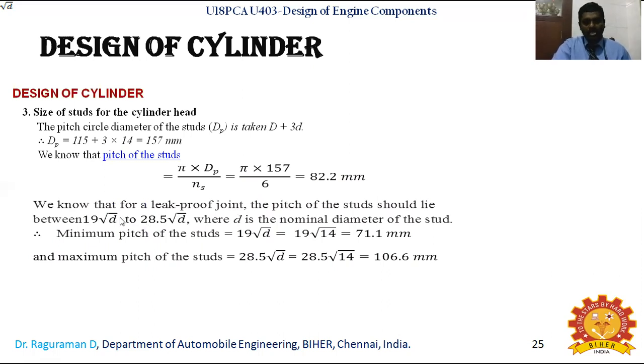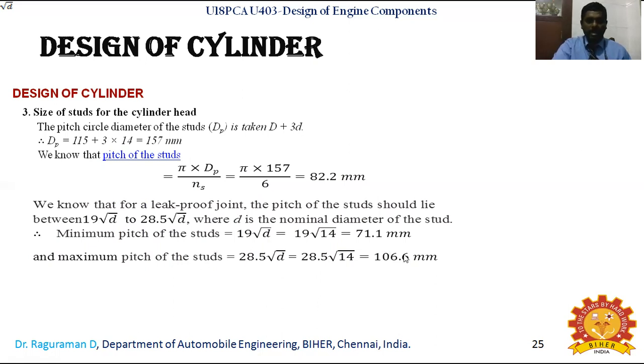And finally, you can see this correlation. For a leak-proof joint, the pitch of the stud should be between 19 square root of d to 28.5 square root of d, where d is the nominal diameter of the stud. So by substituting the nominal diameter of 14 mm, you can identify the minimum pitch and the maximum pitch of the stud.